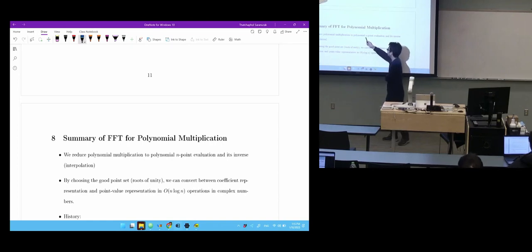The fast algorithm we designed is for evaluating many points, and the point set that allows you to evaluate very fast is the roots of unity.